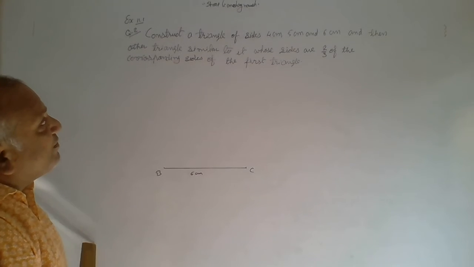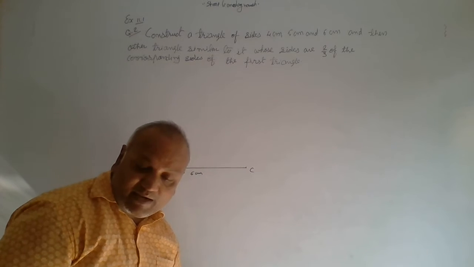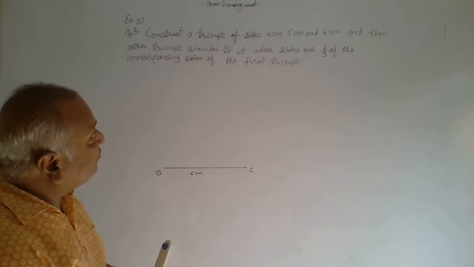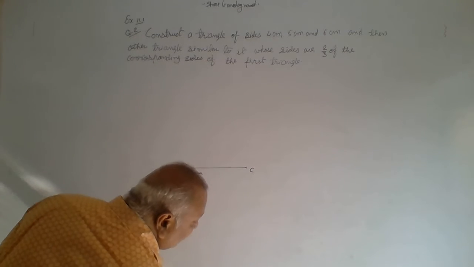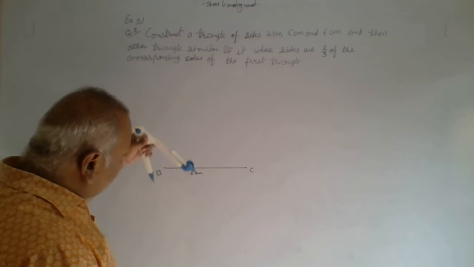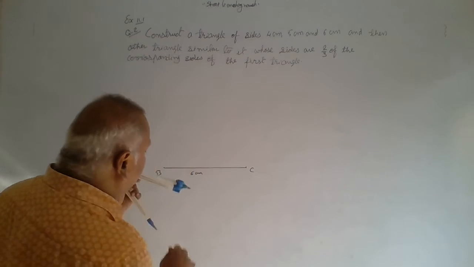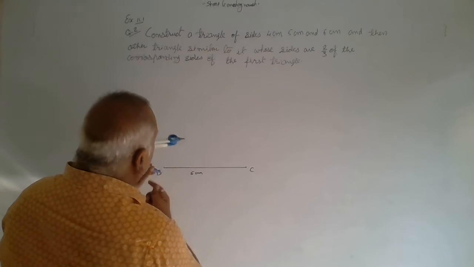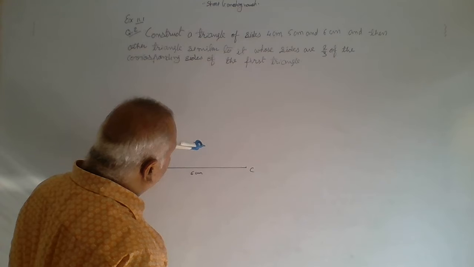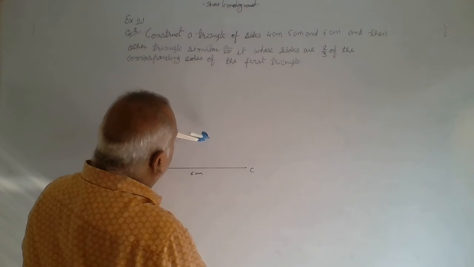Then we have to consider the two measurements, 4 centimeter and 5 centimeter. First I take the measurement of 4 centimeter. From B, because any one side will be 4 centimeter, I make an arc of 4 centimeter.